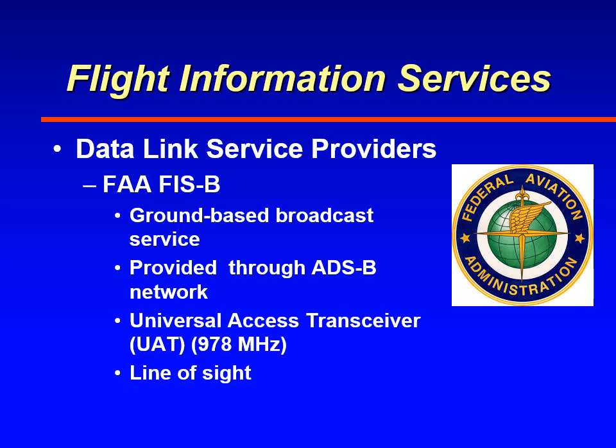They use a UAT 978 megahertz transceiver, and typically this information can be received if you have visual on a transmitter. In other words, it's line of sight. Similar to VORs, you have to have line of sight to be able to pick up a good navigational signal. Same thing with FISB information. You have to be at high enough altitude and be able to see the transmitter line of sight to be able to get that information.